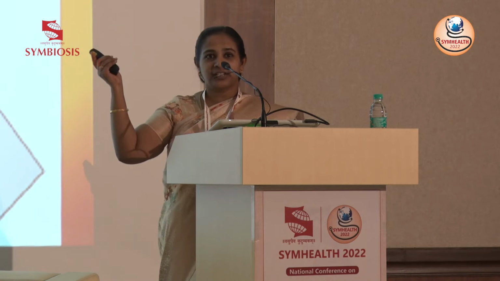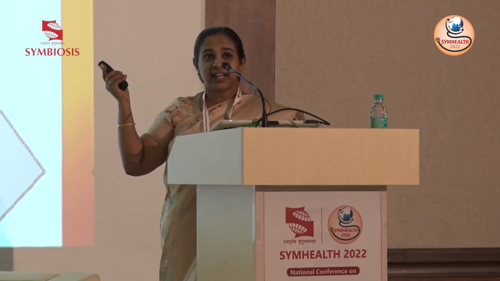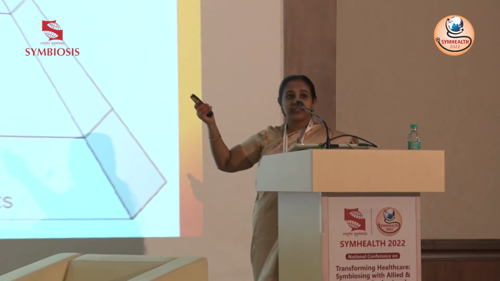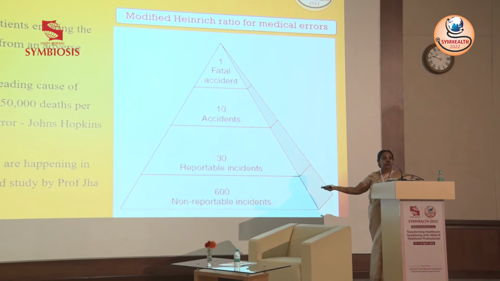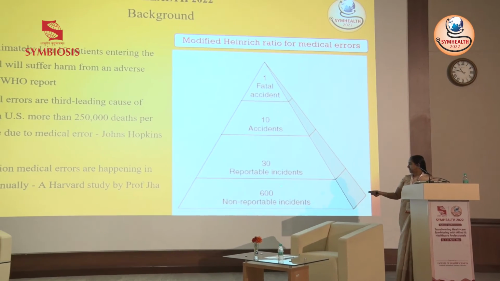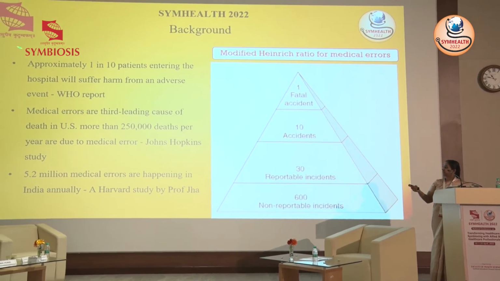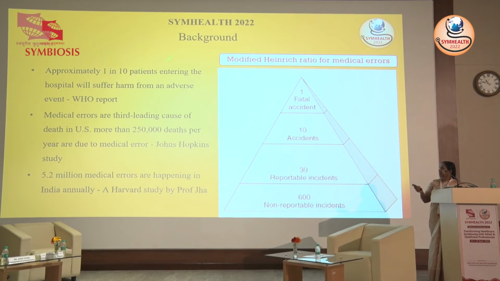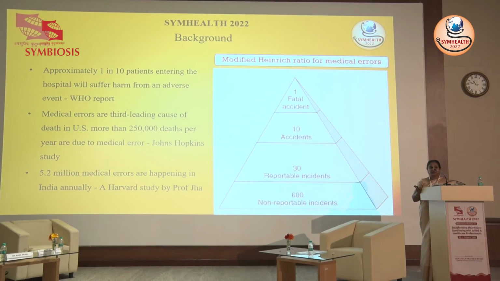So Sir has already shown you this, where fatal accidents happen. And behind every fatal accident, you can see there are more than 600 non-reportable incidents also. So that's huge. Approximately 1 in 10 patients entering the hospital will suffer harm from these adverse effects.